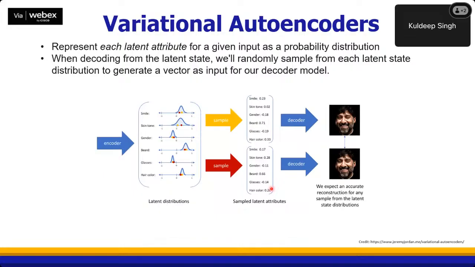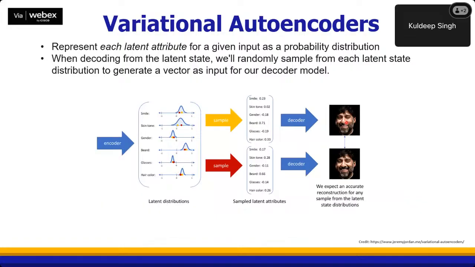So the idea is that values which are nearby to one another in this latent space will correspond to similar kinds of reconstructions, right? You can see here for each of the latent attributes, the values are sampled from the distributions and they are close by.